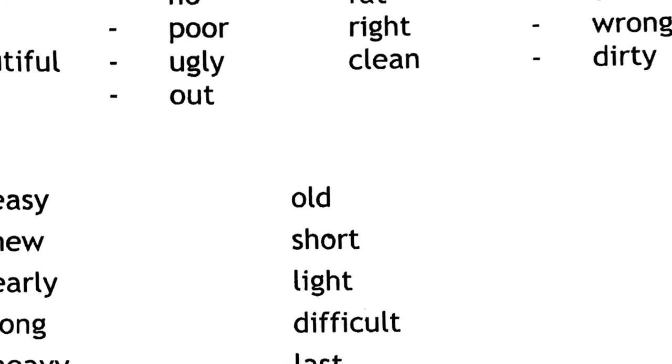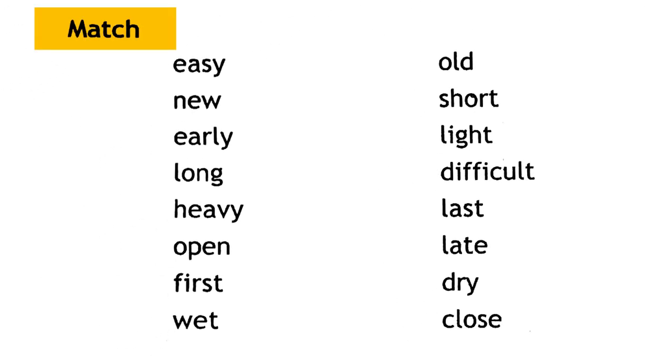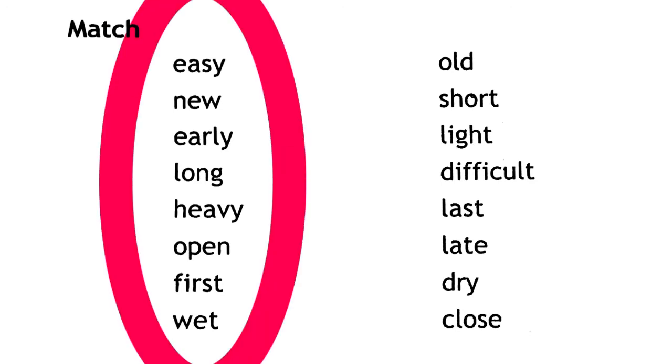Right. Now they want us to match. In the exercise below, they want us to match the words. So they have given you a set of words on the left side and the answers are on the right hand side. The words on the left side are easy, new, early, long, heavy, open, first and wet.